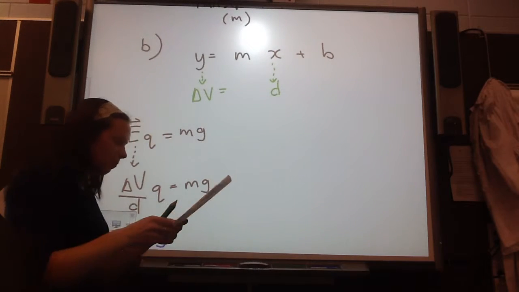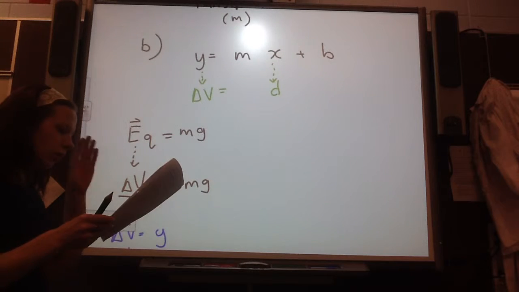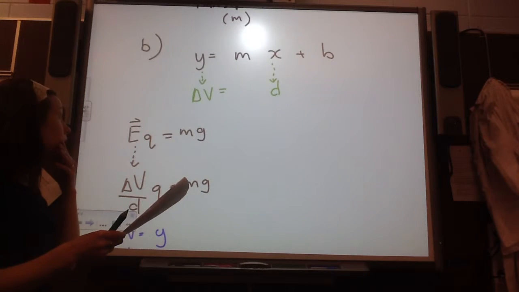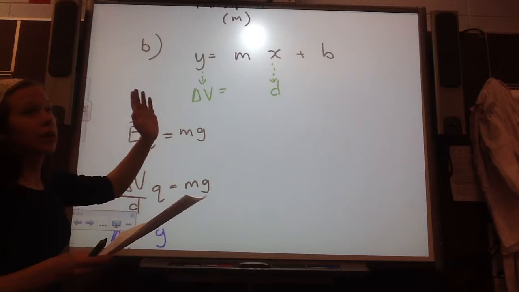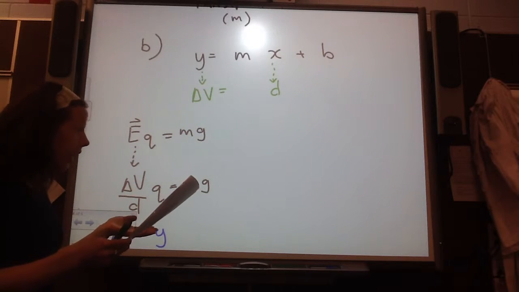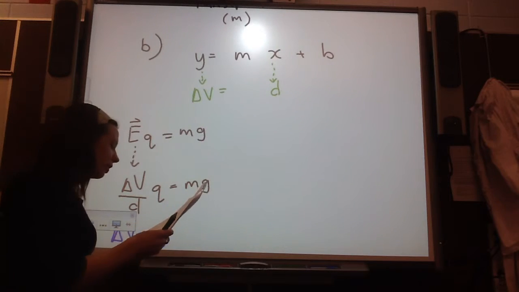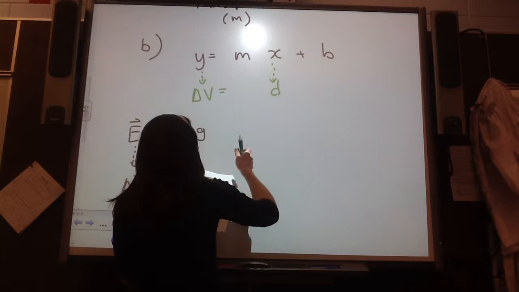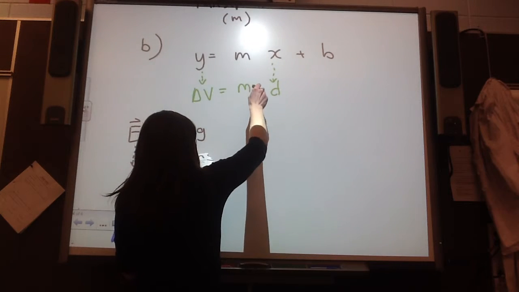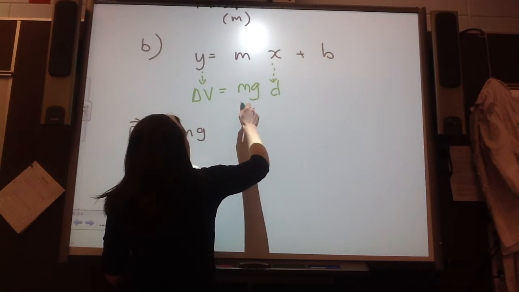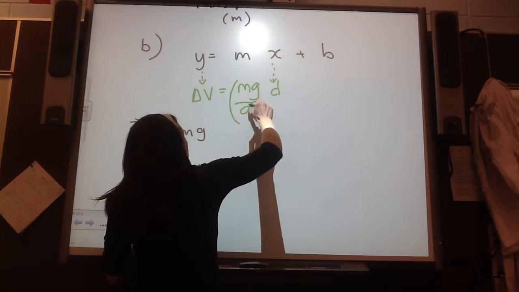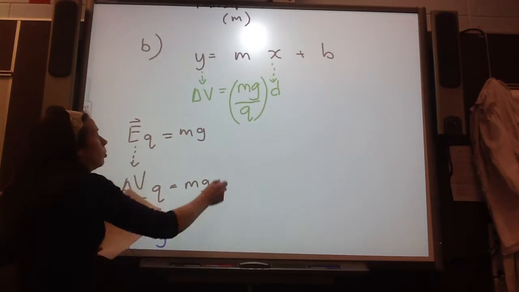Our b, for our delta V formula, there's nothing added or subtracted, so we can't put a value in there. So everything else is m times g over q. So that's our slope.